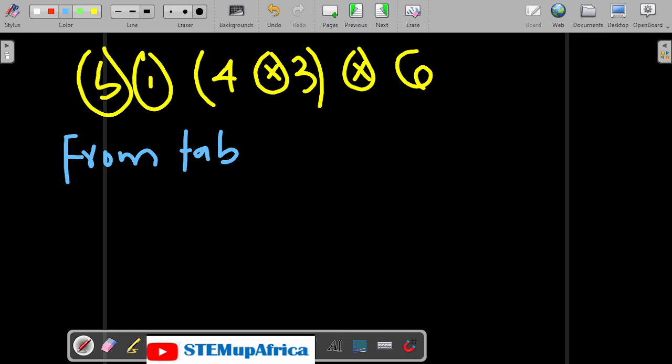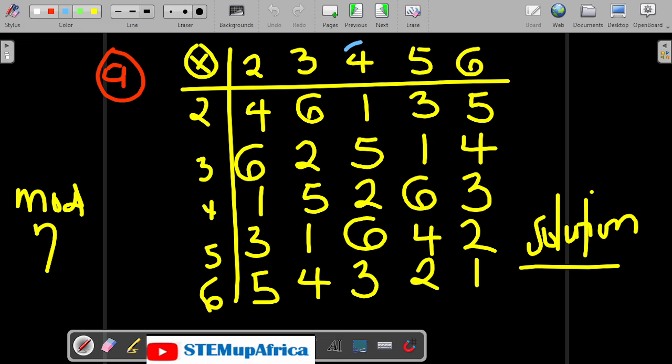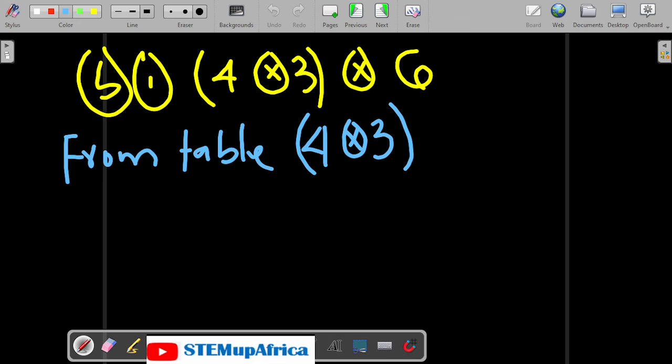Let's check what is 4 multiplying by 3. According to BODMAS, you deal with the bracket first. So I will have to know what is 4 multiplied by 3. Let's check the table. So 4 multiplying 3 is giving us 5. So in place of 4 multiplying 3, I'm putting 5.